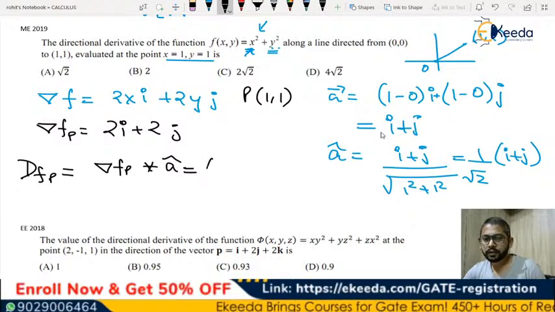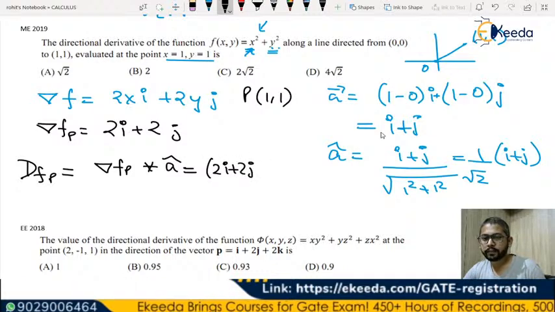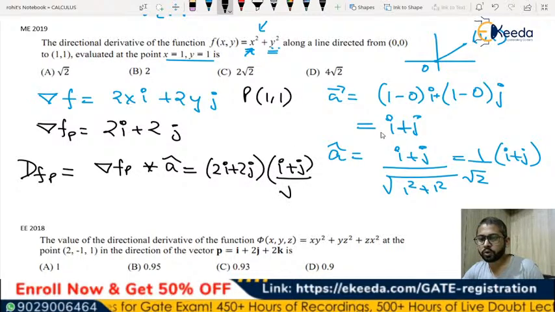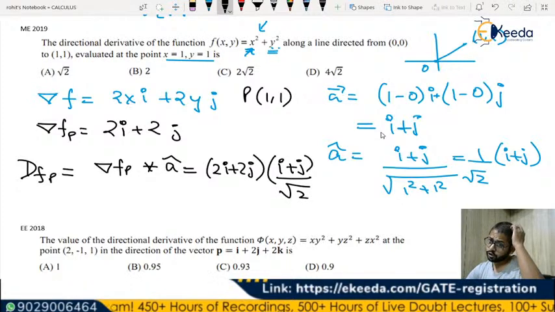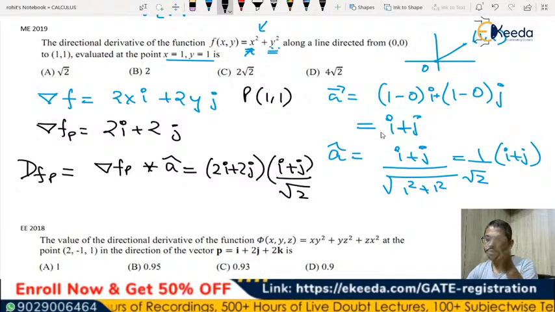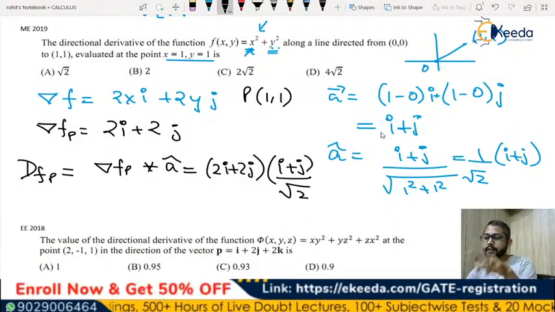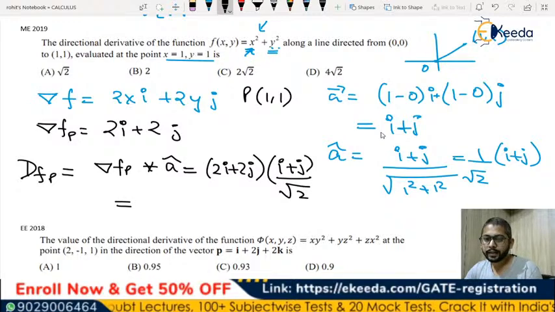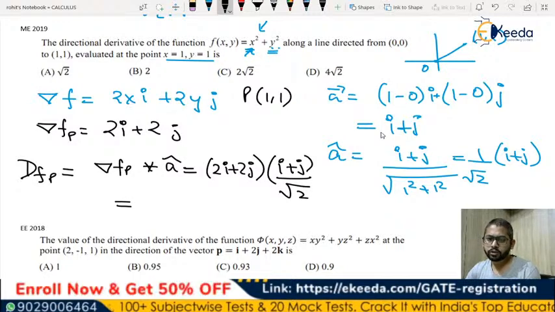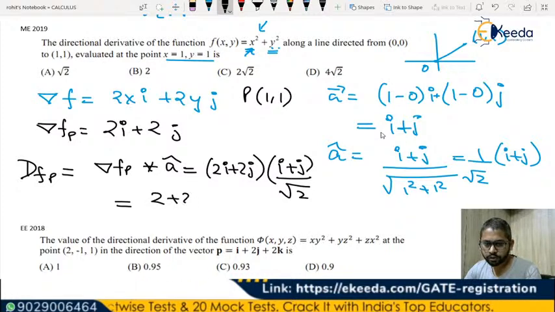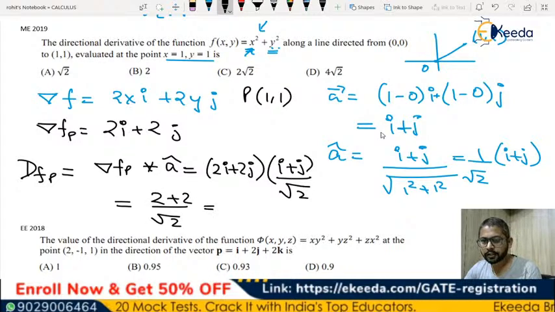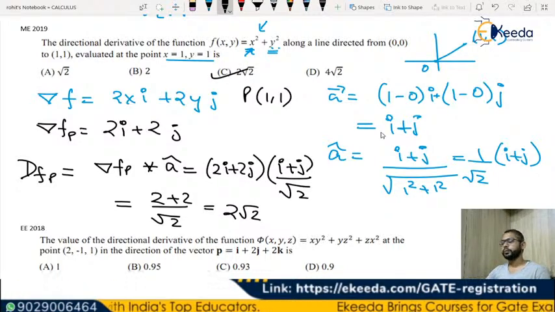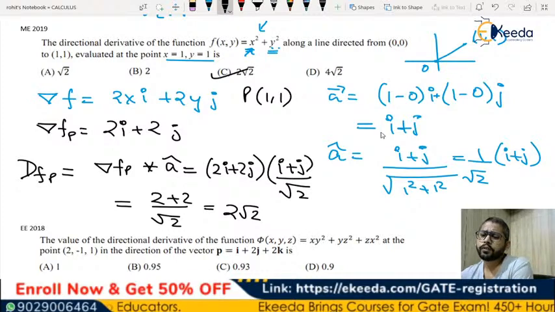This becomes 2i plus 2j in dot product with (i plus j) divided by root 2. Root 2 is the absolute value of this. So you need to put this so that you can change your vector into a unit vector, the vector in whose direction you need to find the directional derivative. So i and j will give you 1, so this is 2 plus 2 divided by root 2. So this is nothing but 2 root 2, and this is option C. Fine, 2 root 2. So this is how you have to find the directional derivative.